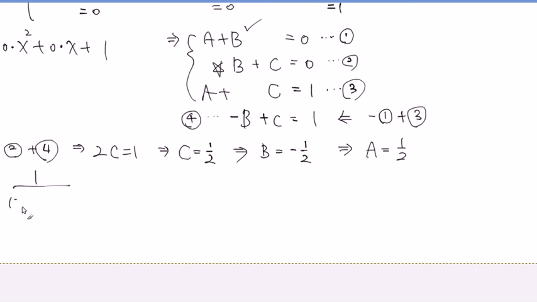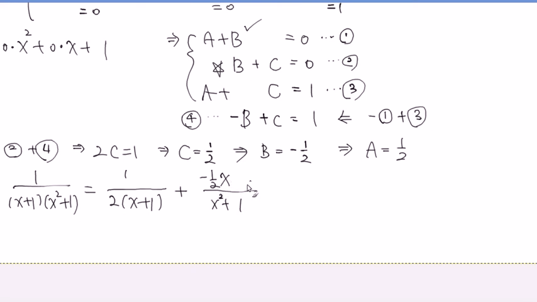1 divided by (x plus 1)(x squared plus 1) is equal to a over x plus 1, plus (bx plus c) over x squared plus 1. What's a here? 1/2, so 1/2 over x plus 1. And x squared plus 1 here. What is b? Negative 1/2 x plus c, that's a positive 1/2.